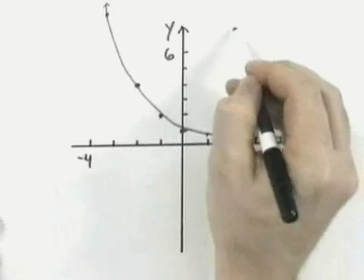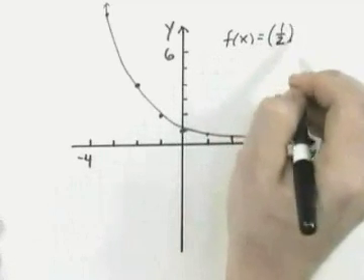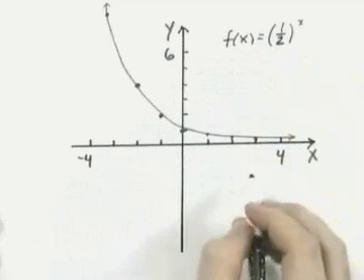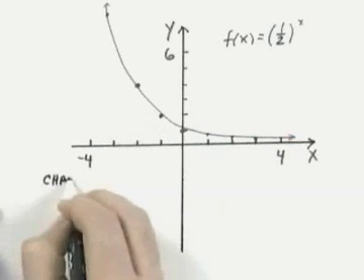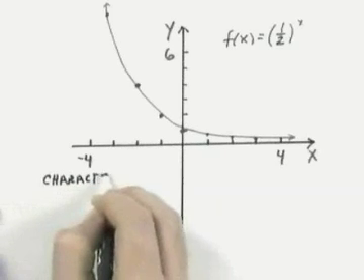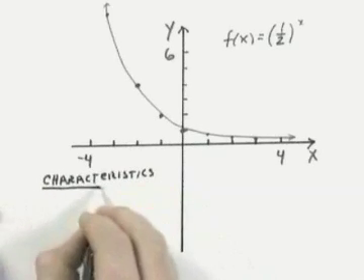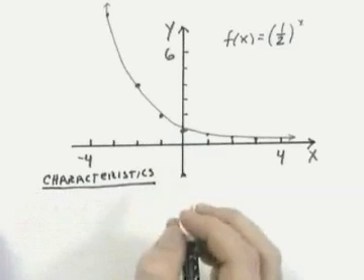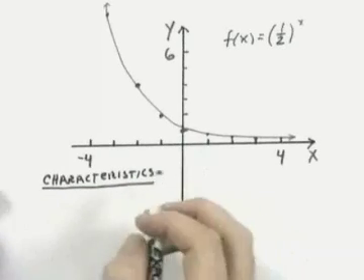Again, we're graphing here f of x equals 1/2 to the x power. So the characteristics that I'm going to talk about right now are characteristics of all exponential functions where the base a is between 0 and 1. In other words, a fraction between 0 and 1, or a real number between 0 and 1.